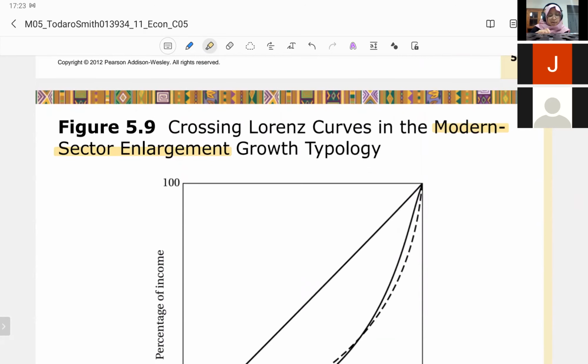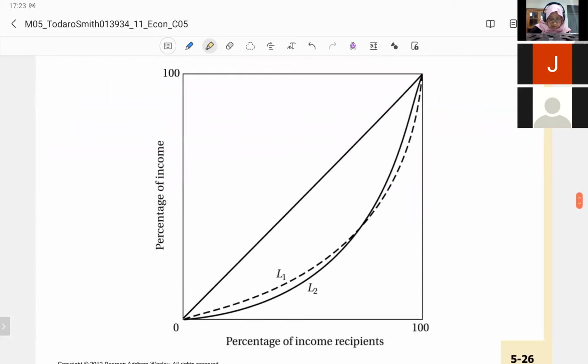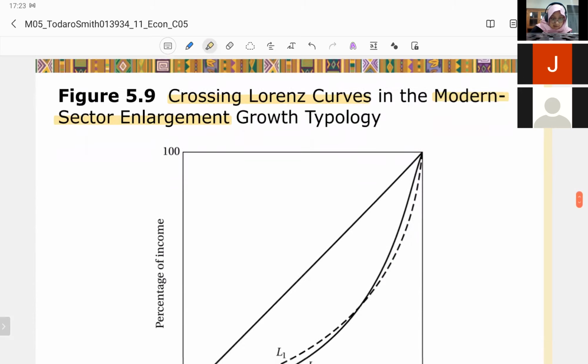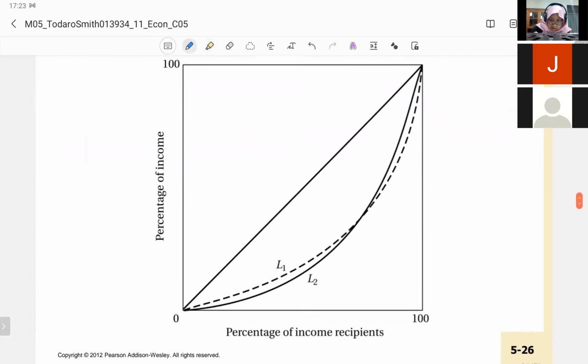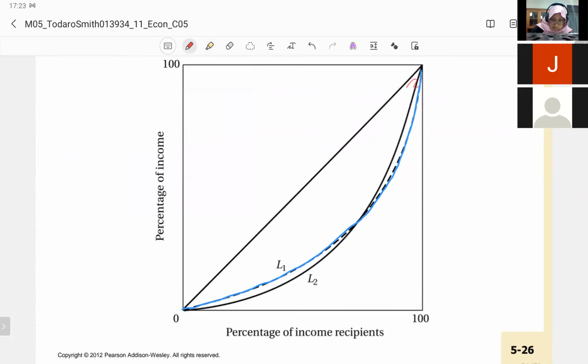What it's going to do is it's going to cross the Lorenz curve. So the first Lorenz curve here is the L1, and now it will shift to the L2.